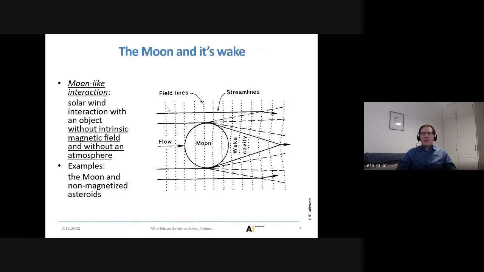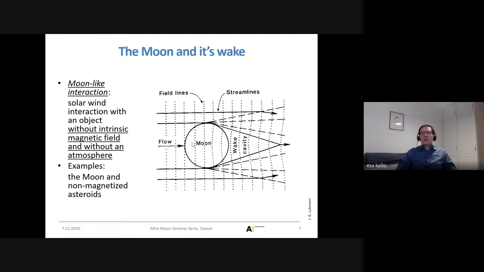I will come back to this, but Janet already made magnetic field lines, and she has drawn those field lines going through the moon, almost like a straight line, but then she included some kind of draping here. Okay, I will come back. It anyway means that the moon is in the first order an insulator.